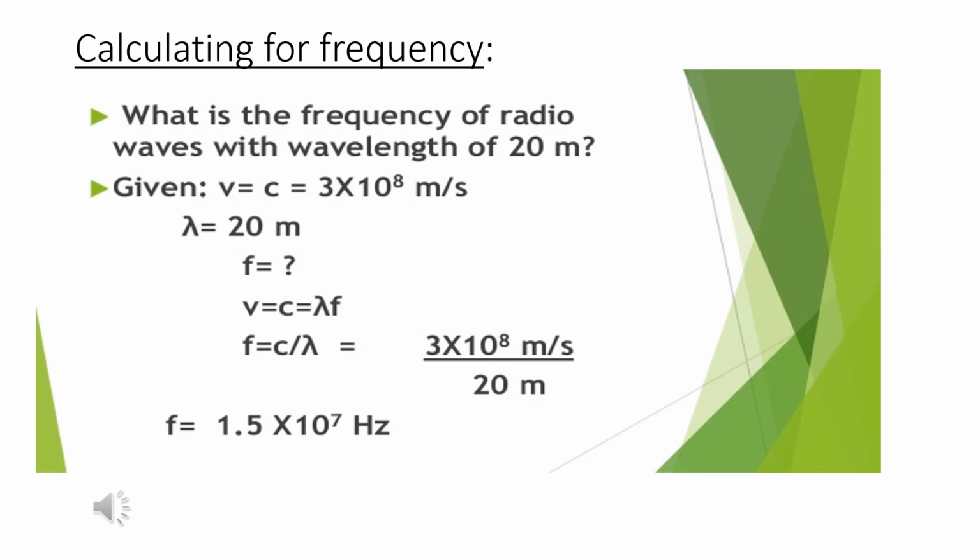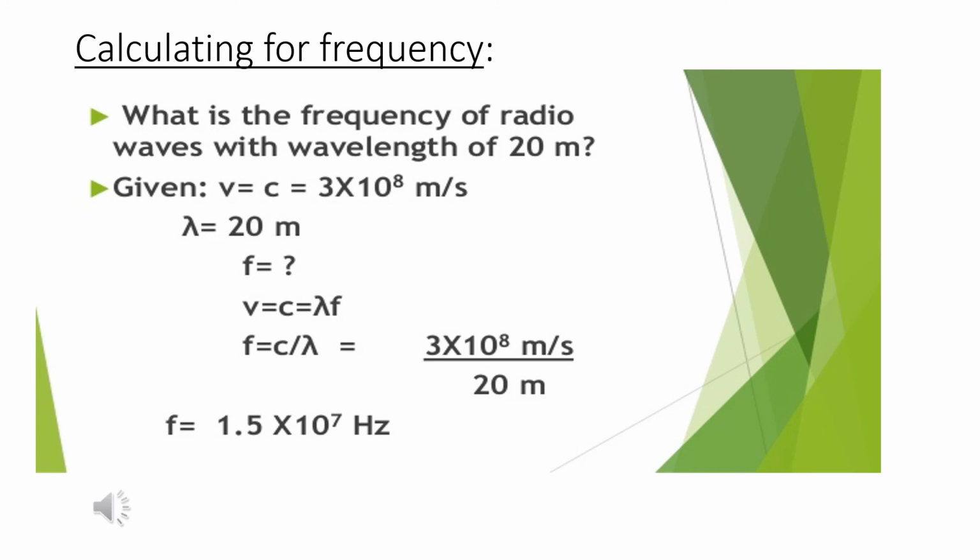So it will become 3 times 10 to power 8 minus 1, divided by 2. You'll wonder where the 0 has gone.